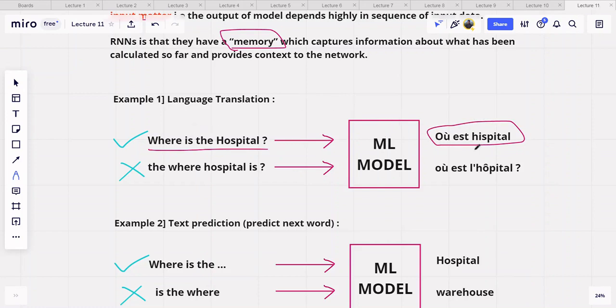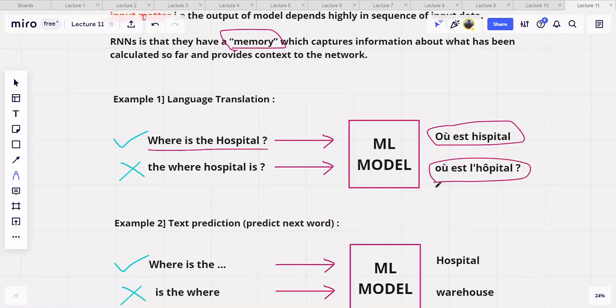If I give "where is hospital", the model will also give me "where is hospital" in French. But if I don't maintain the sequence, if I jumble this sentence somehow and give it to the model, the sequence of the input is changed, so the model will also change the output that it's giving me.